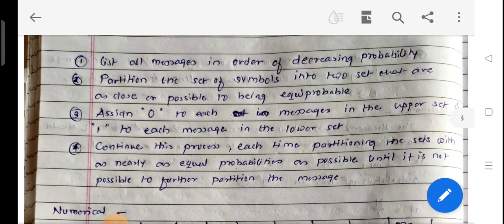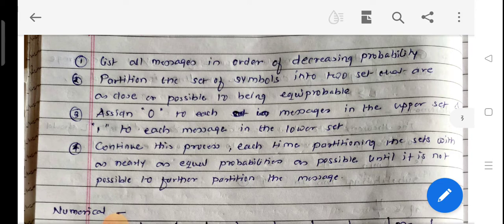The first step is to list all the messages in order of decreasing probability. When the messages are not equiprobable, the probability of occurrence of each message will be different. So in that case we have to list all the messages in order of decreasing probability.